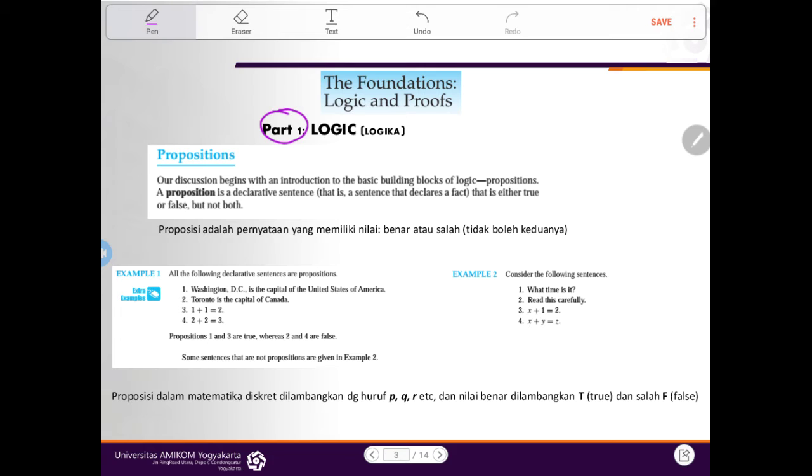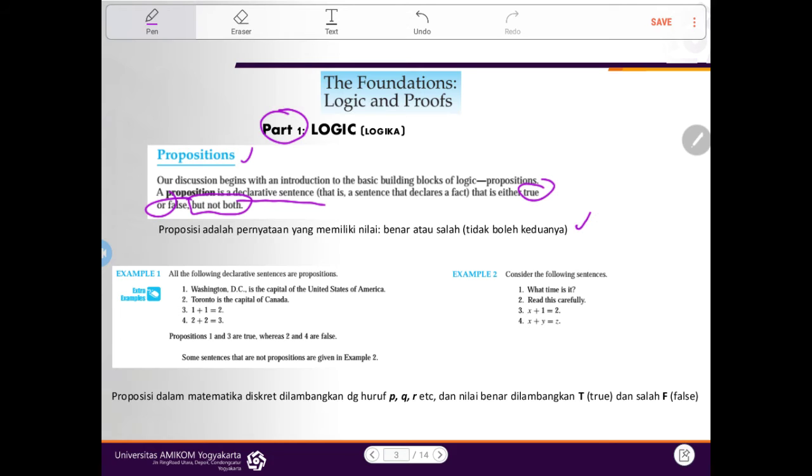Okay, we start with the proposition. Proposition, the definition, is a declarative sentence that has the value either true or false, and we emphasize but not both, only one value, true or false.